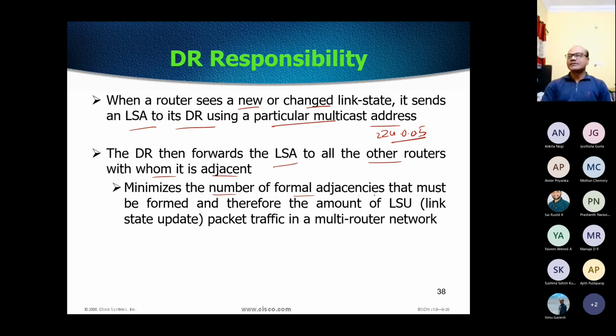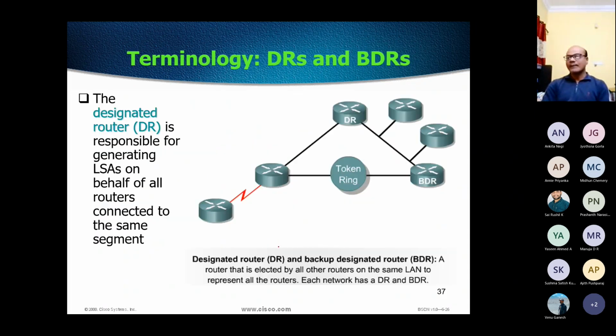This minimizes the number of formal adjacencies that must be formed, and therefore the amount of LSU packet traffic with multiple routers connected. Now a new term has come: LSU, link state update. Maybe you connected one more router here, and this router is running a new network.